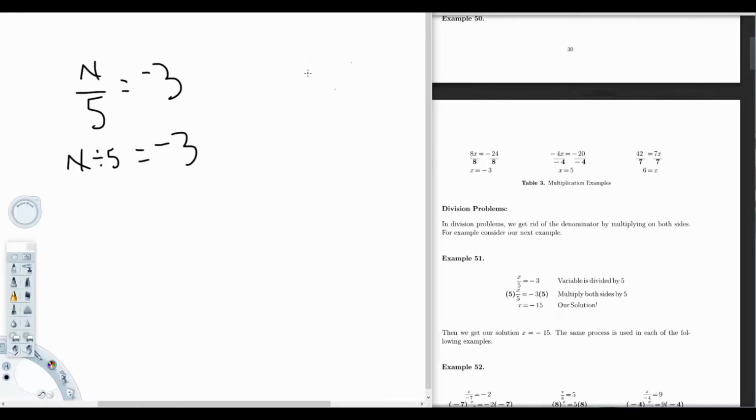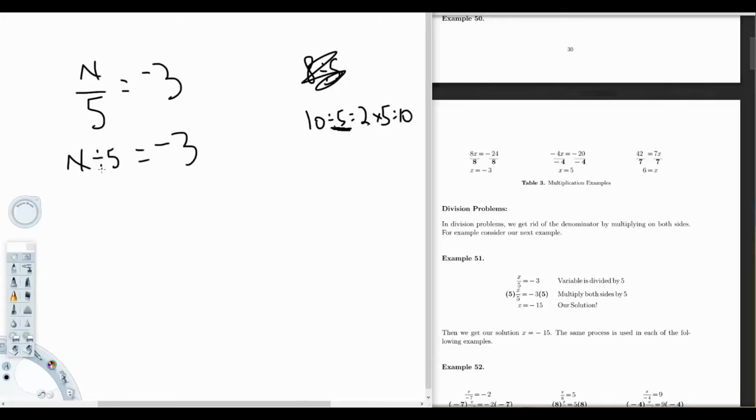So let's say we had 10 divided by 5, right? That equals 2. Well, if I want to bring this 2 back to 10, I would multiply by 5. I would do the opposite of what I just did, and that equals 10.